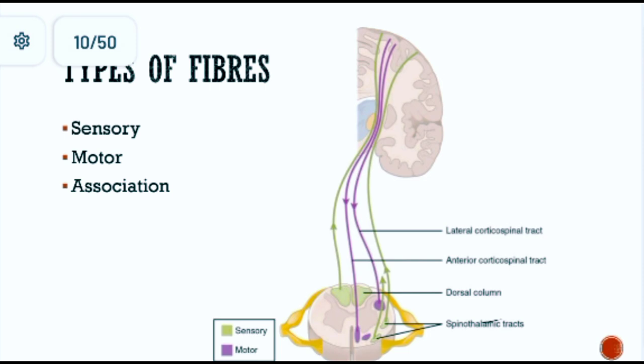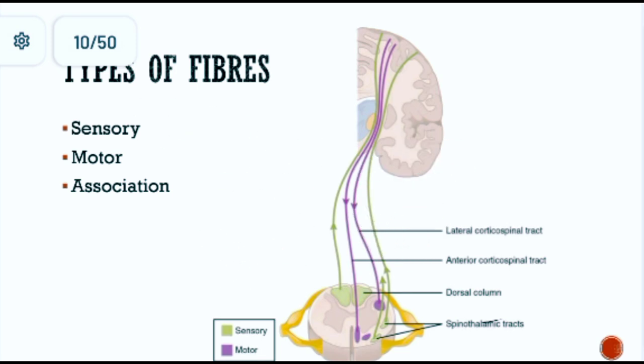To the central nervous system. The central nervous system simply comprises the spinal cord and the brain. Okay? When I say spinal cord, I mean including the brainstem as well, plus the brain. All those are part of the central nervous system.